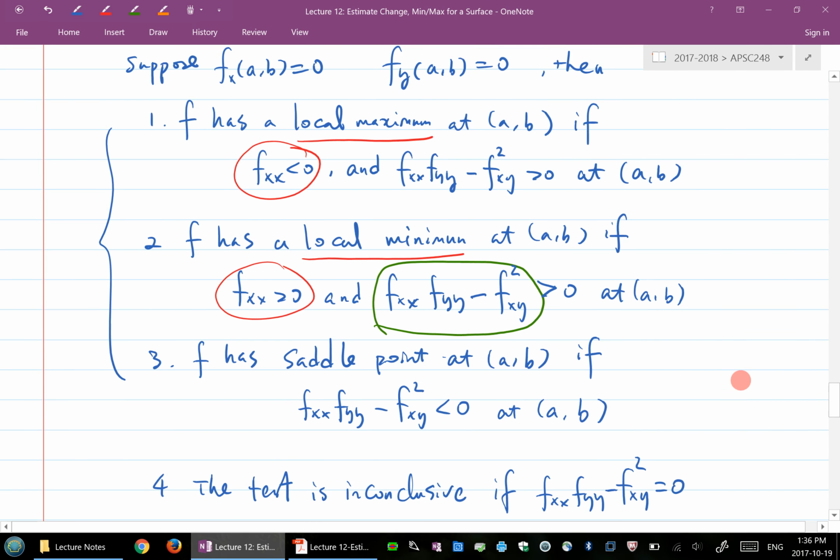Okay, so now can you tell me what type of point that location is? Which case is it? Number 3. So if it is number 3, then the (0, 0) location is a saddle point.